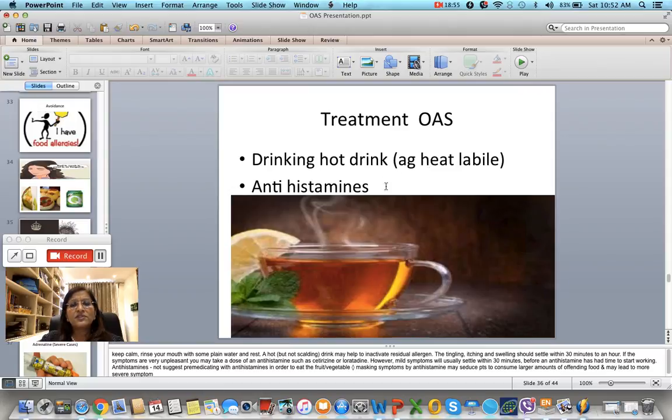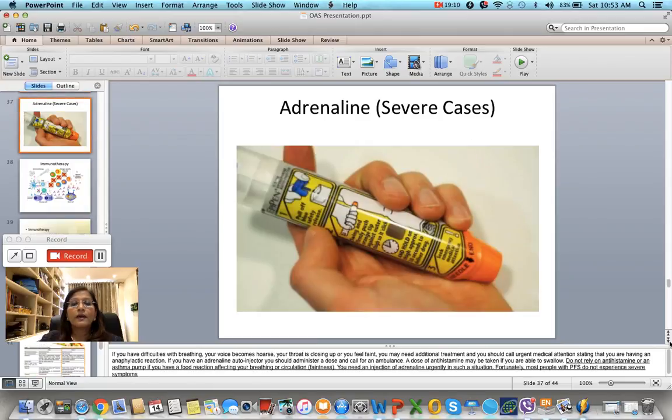If the symptoms persist for another half an hour, you would probably take an antihistamine, but by the time the antihistamine works, your symptoms would go away. In severe cases, when you have laryngeal edema, you would administer an EpiPen or rush the patient to the hospital where they would be treated.